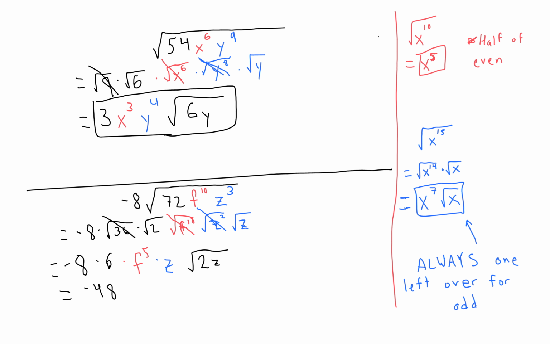So I'll just copy down everything else here, f to the 5th times z, and then I'll have the square root of 2z still there as well underneath the radicand. That is our final answer.